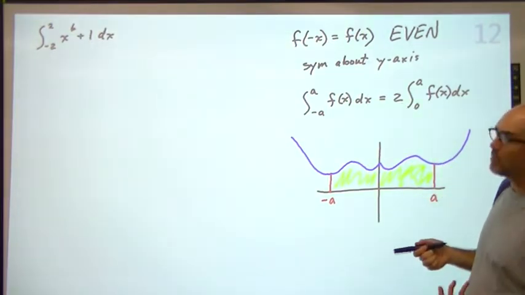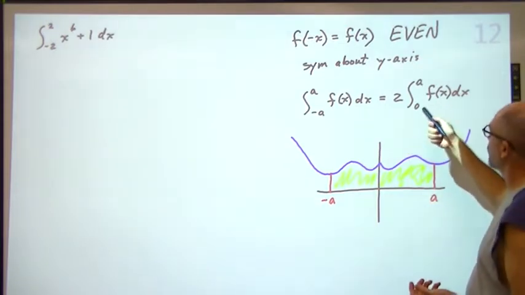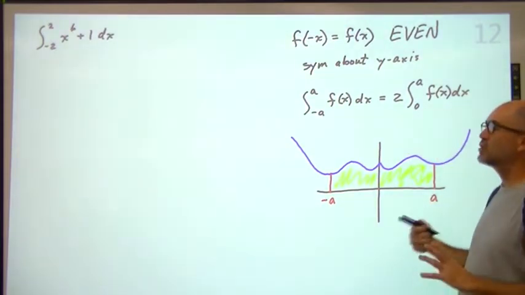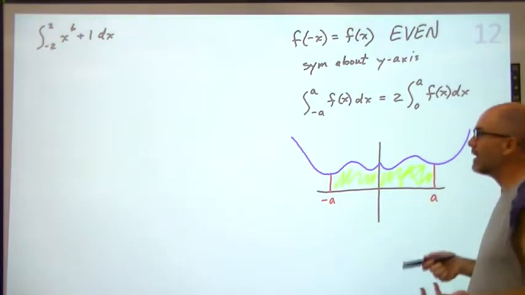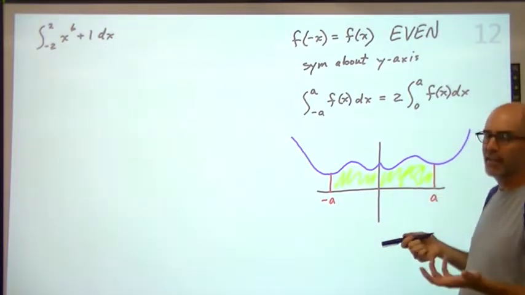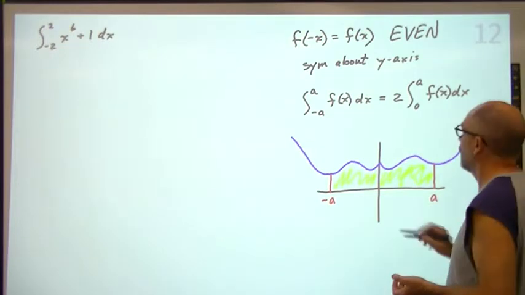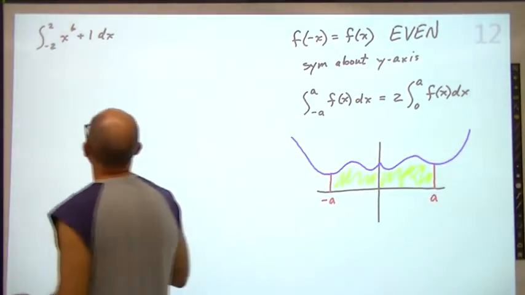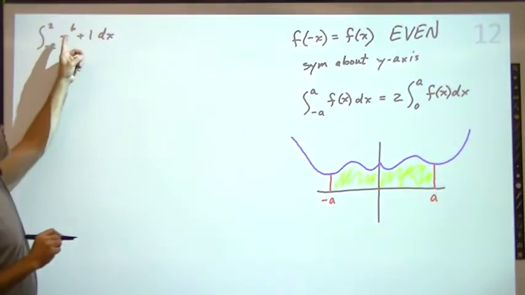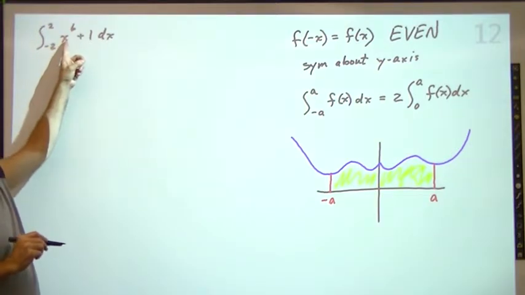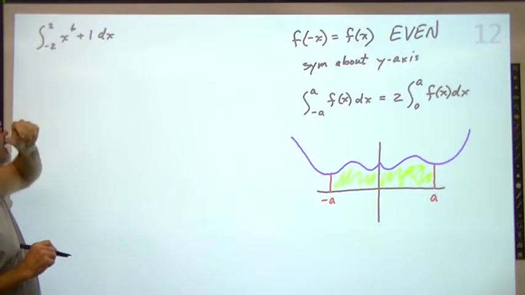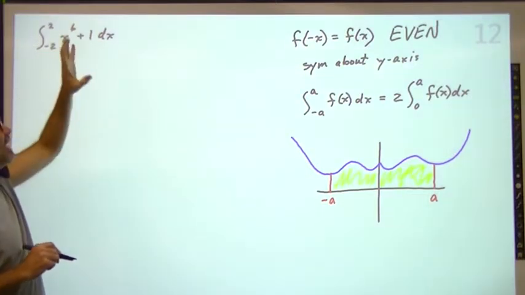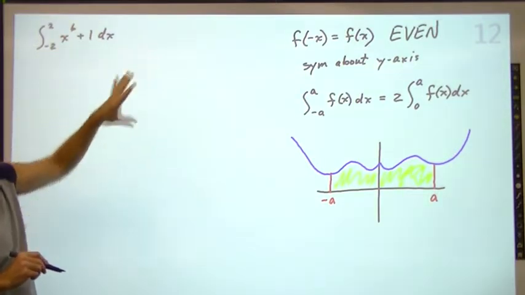Makes my life a lot simpler, because when you're doing integration where the lower limit is 0, then generally you don't have any work to do. Putting 0 in for the x's doesn't give you any work. So watch the magic. If I put a negative in for x, then this whole thing stays positive. So basically I put a negative in and I get the same thing as if I had a positive in.